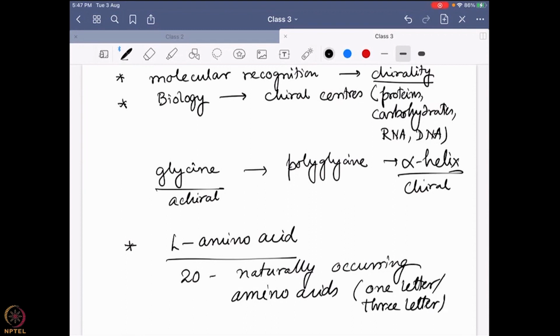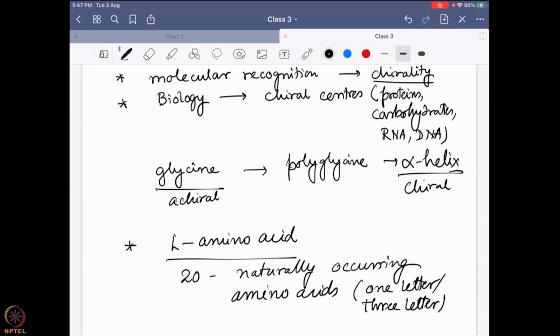So that we have learned. Now the question is, does this L amino acid and D amino acid really matter? And what is the effect of the presence of an L amino acid and D amino acid mixture in the system? So that we will discuss in detail today.